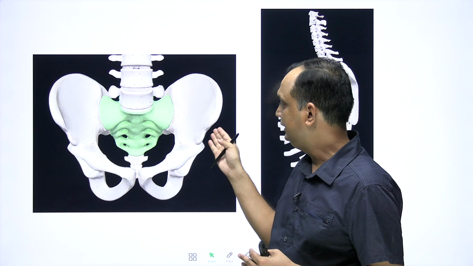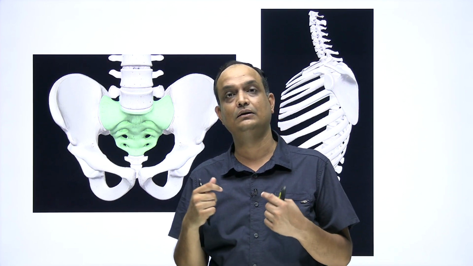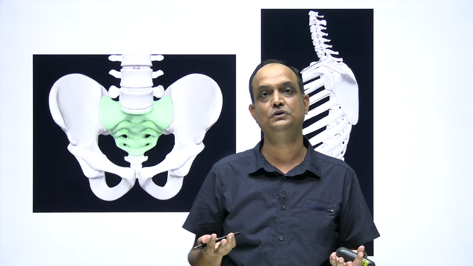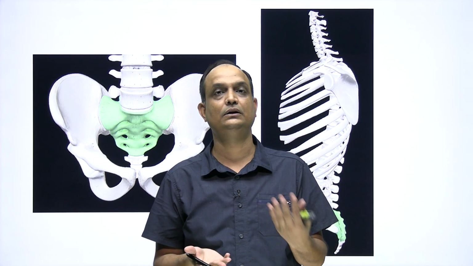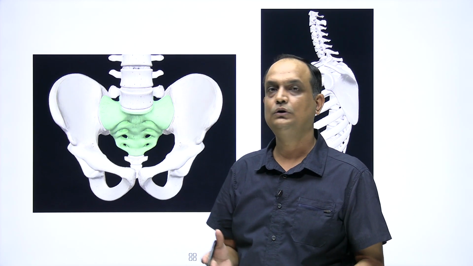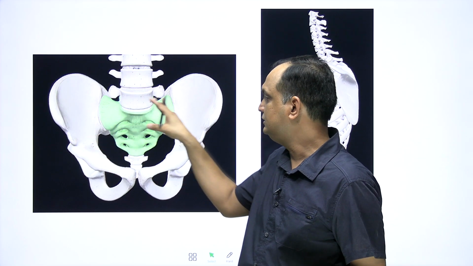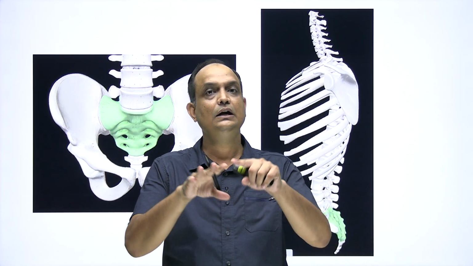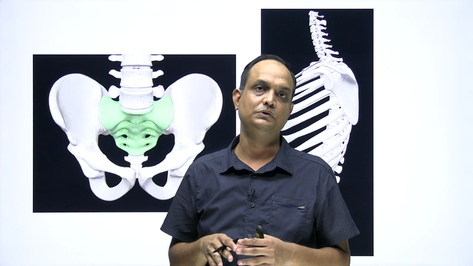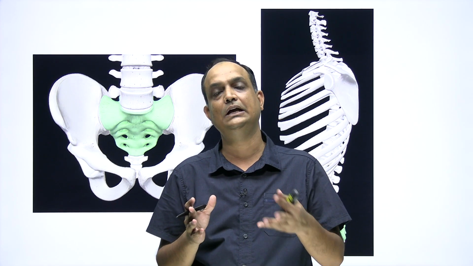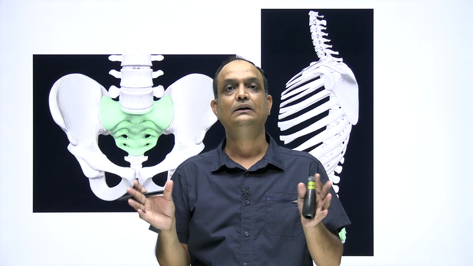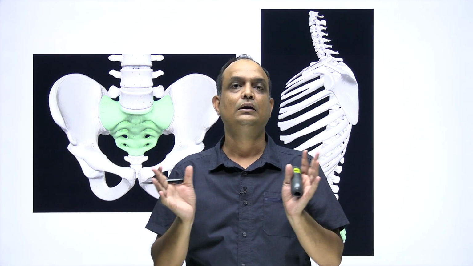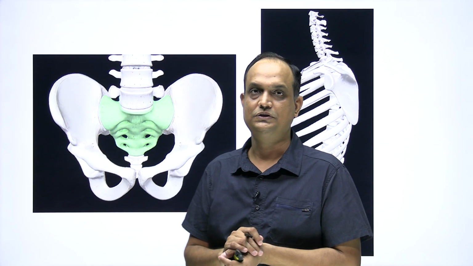And when you put the pelvis in anatomical position, actually we are talking about the anatomical position of the hip bone. In such a way, these three bones are interconnected in terms of anatomical position. So, when you bring the hip bones on both sides into the anatomical position, the pelvis will automatically come into the anatomical position.